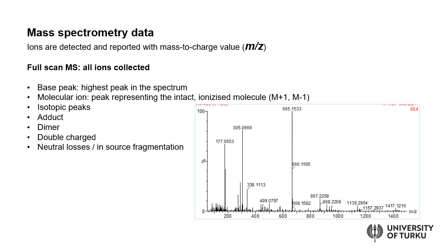Then in those cases, this z, by which the mass is divided, is not 1, but it can be 2 or even 3. And in these cases, naturally, the signal that you would see is only half of the value for that particular compound. But then, how can you know when it is double charge or single charge?